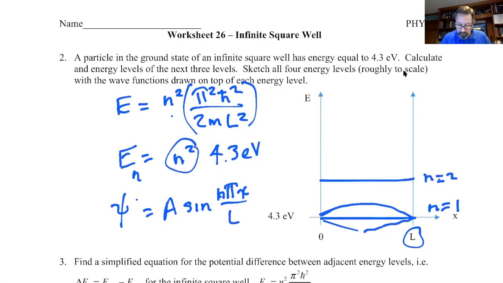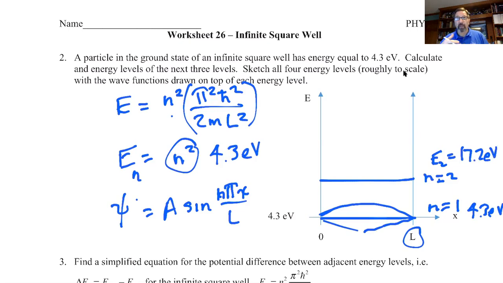So now n is equal to 2, and hopefully you can see that if this guy was 4.3 eV, what would the energy be for this particular mode? Well, the energy would be 2 squared, 4 times 4.3, somewhere around 17, yeah, 17.2 eV is the energy of the second mode. This should remind you a little bit of the Bohr energies, right?